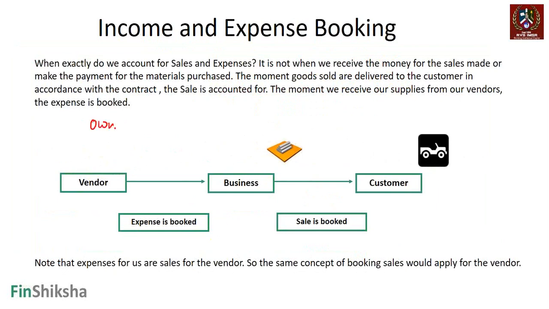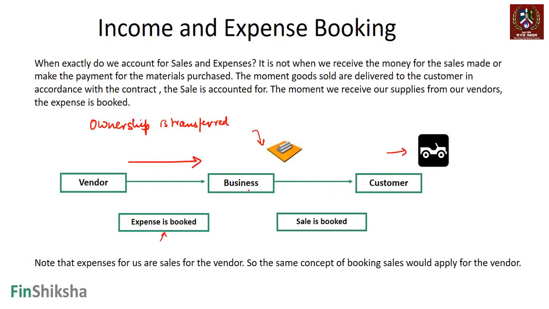It's more about when the ownership is transferred, right? If I am producing this car and I give the ownership to the customer, regardless of whether the customer has paid me or not, I will incorporate this as a sale, right? When I'm buying some raw material from the vendor, regardless of whether I have paid the vendor or not, the moment ownership comes to my account, the expense is booked, right?